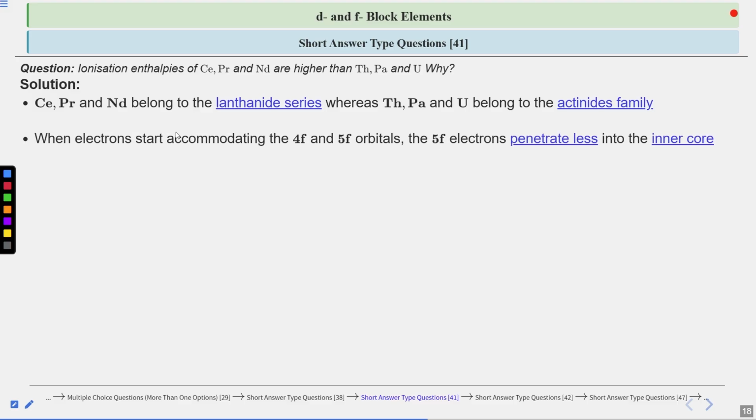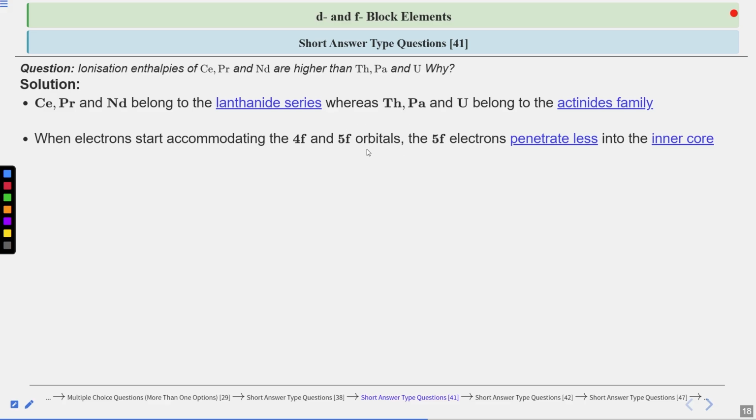Now, when the electrons start accommodating in the 4f and the 5f orbitals, the 5f electrons penetrate less into the inner core, right? We have studied that in the lanthanoid series, the outermost electrons are filled in the 4f orbital. Meanwhile, in the actinoid series, the outermost electrons are generally filled in the 5f orbital.